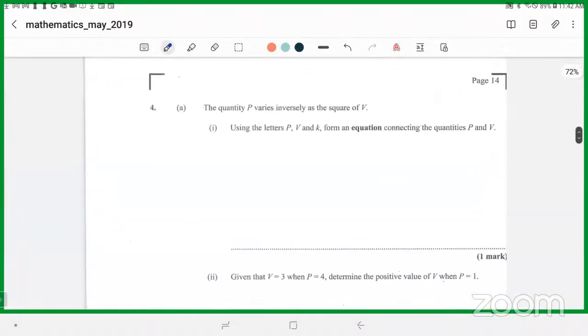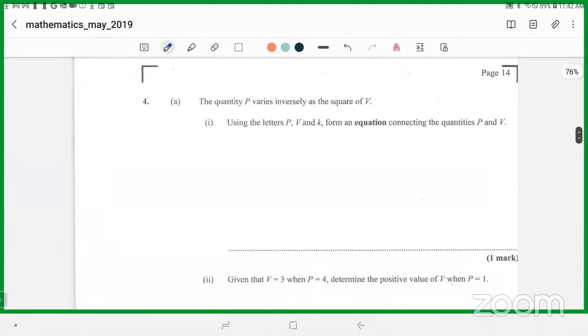I see not every time they're going to give you X and Y. This one says quantity P, which might be pressure in a cylinder or some container, varies inversely as the square of V. V might be volume in a container, or in a system. Remember, the square of V is V squared.